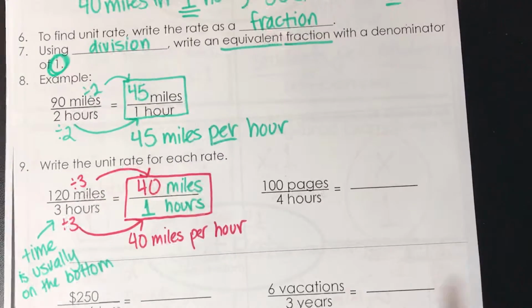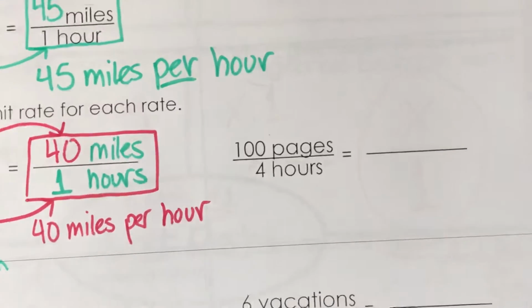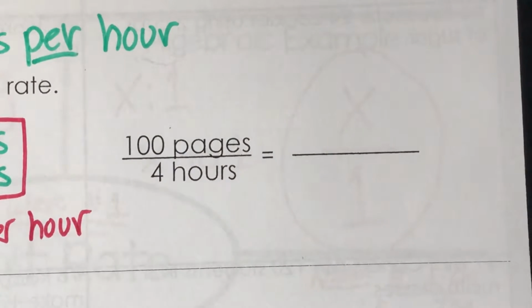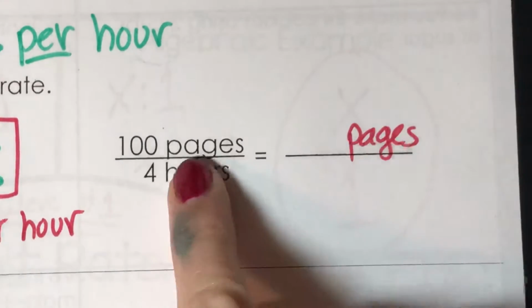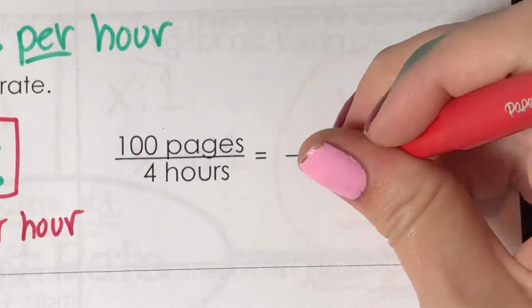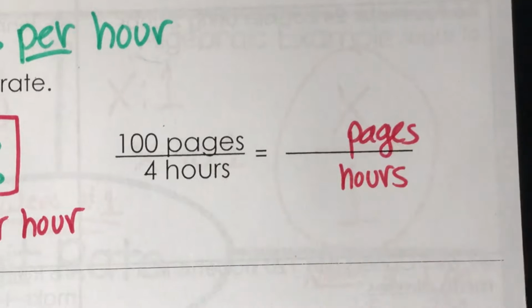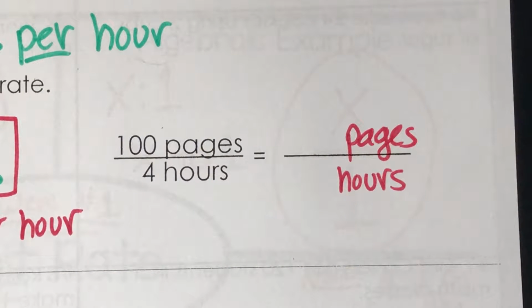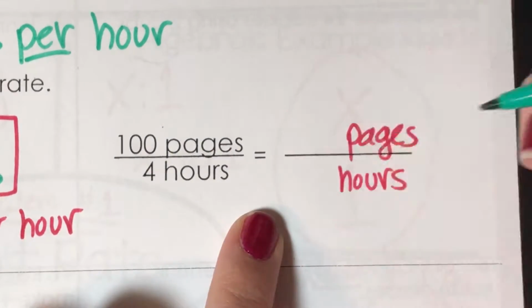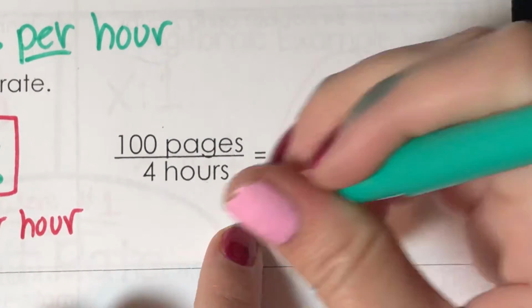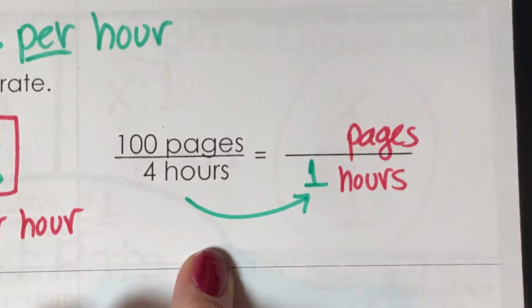All right, we're going to go to the next one. You have 100 pages in 4 hours. Right away, I'm just going to copy the units. That's what this is, pages, hours. Those are the units, or the things we're talking about. So now I want to get from, not every 4 hours, I want to know every 1 hour. How do I get from 4 to 1?